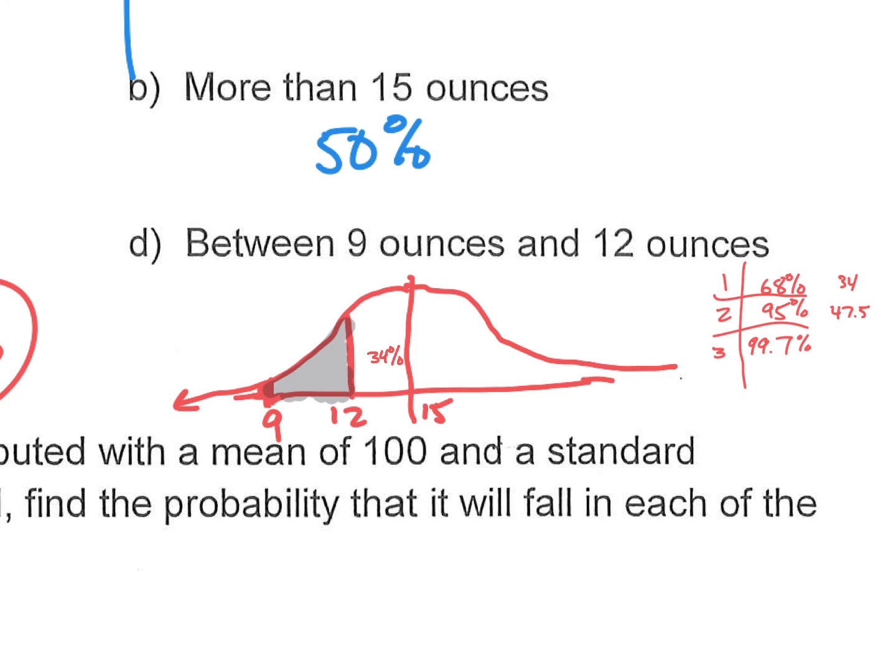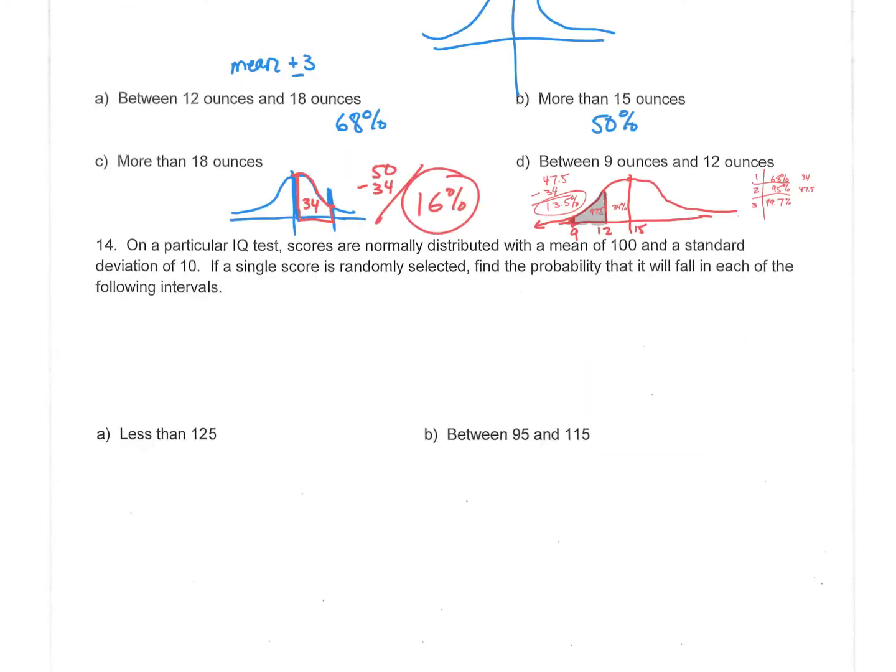So this area, the whole area out here would be 47.5. And we can do 47.5 minus 34 and get 13.5%. So that's the number of oranges that would be between 9 ounces and 12 ounces.